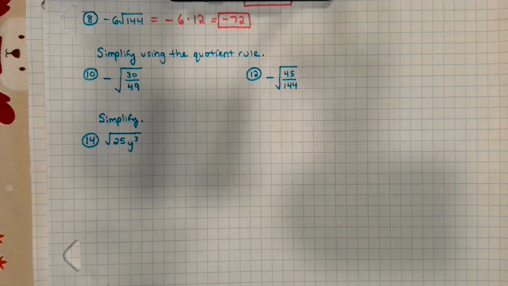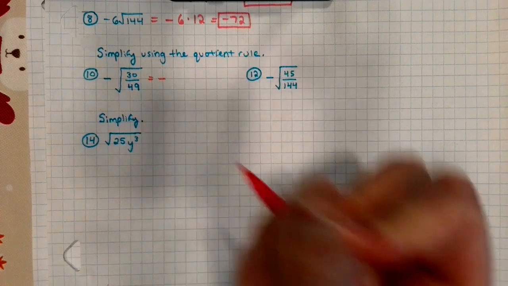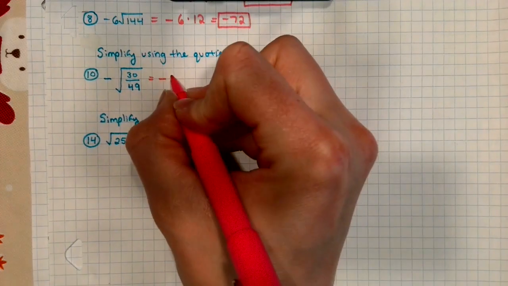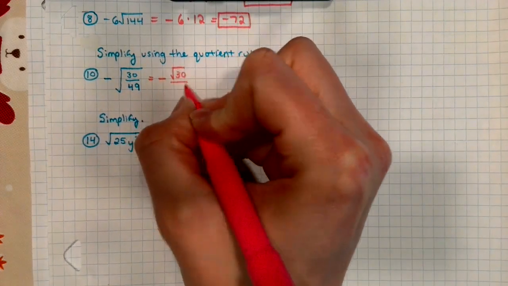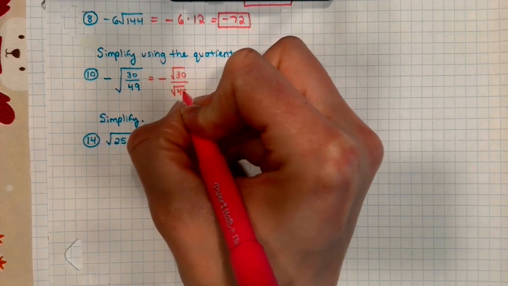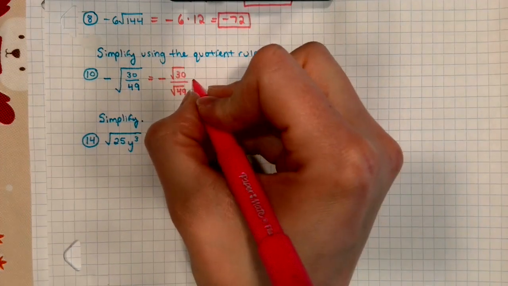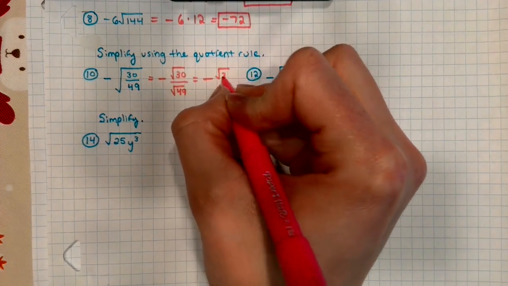The next set of questions ask us to simplify using the quotient rule. So number 10 out of the book says negative, and it's the square root of this rational number, 30 over 49. So using the quotient rule, we can break this down so that we have the negative still out front, and then we're going to have the square root of 30 over the square root of 49. 30 we can't break down into any perfect square, so that's just going to stay the square root of 30 on the top.